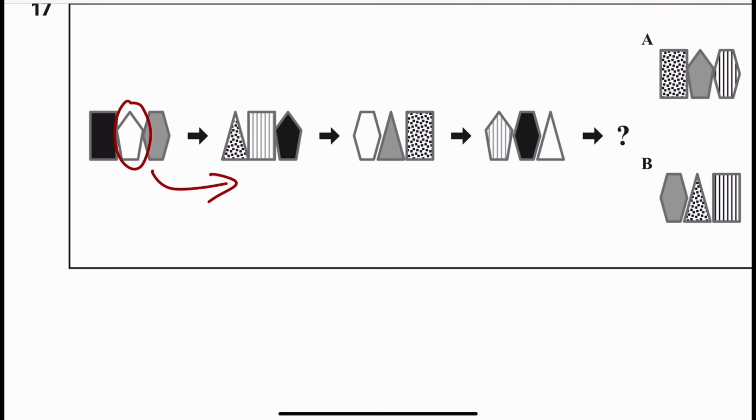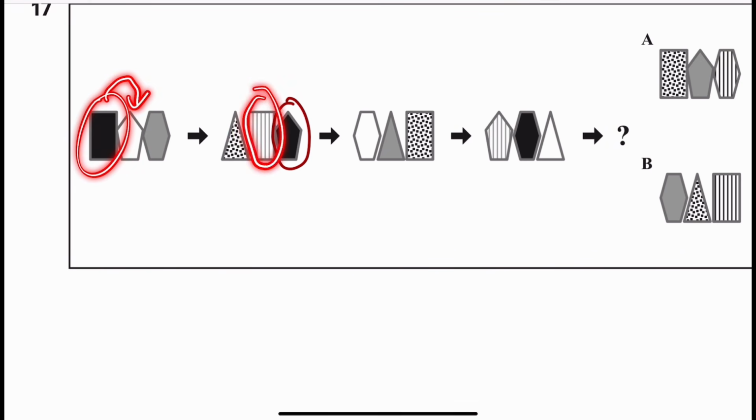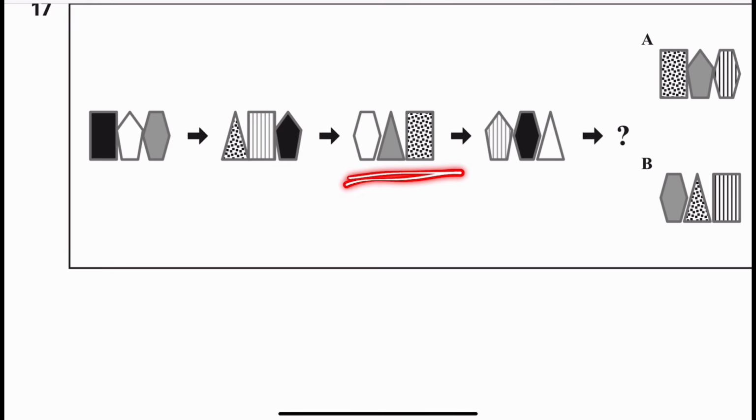The pentagon moves one to the right, so it ends up on the far right, okay? And you also notice that the square also moves one to the right and ends up in the middle, okay? So what's happening is it's just moving one step to the right, okay? All these shapes. However, when it gets to the end, like over here with the pentagon, it moves away and disappears and doesn't show up in the next part of the sequence, okay?